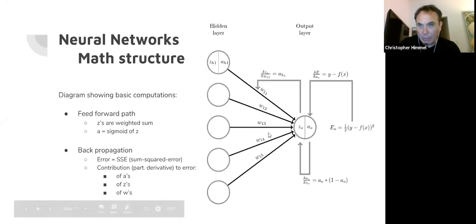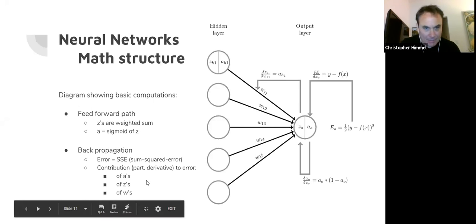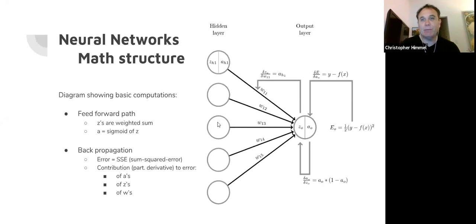Okay, but what we're showing here, I'm going to go into this part later, the back propagation. So we got this error, and yeah, there's a contribution to that error of all of these values in here. Everything in this network contributed to this output being incorrect. That's a contribution.